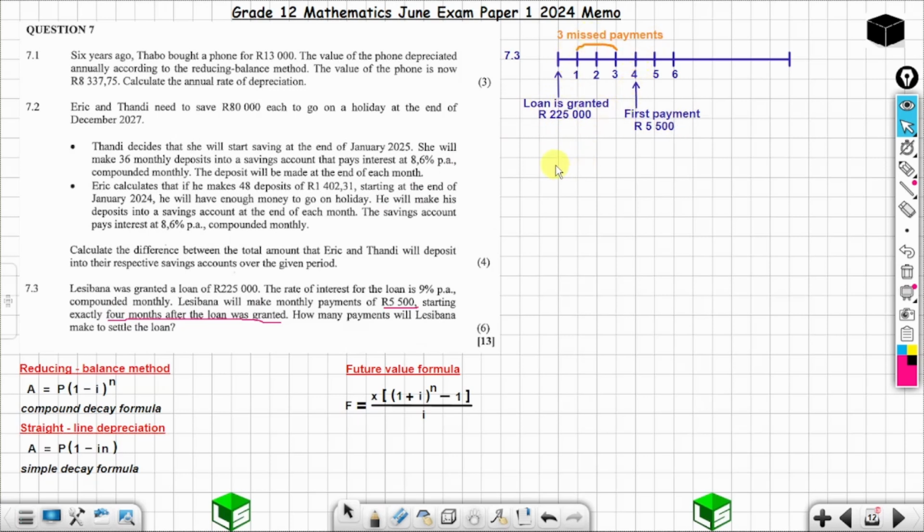Let's find the new value. We are going to use this formula. So initially you have this, the rate is 0.09 over 12. N is equal to 3 months, the missed payments.